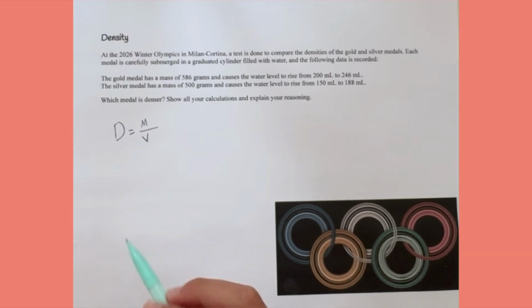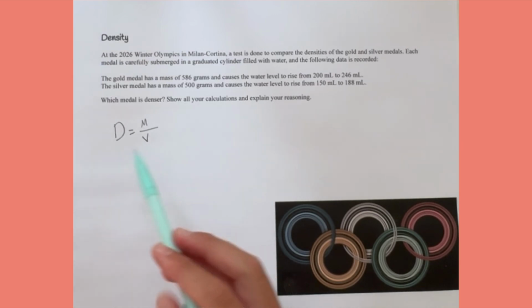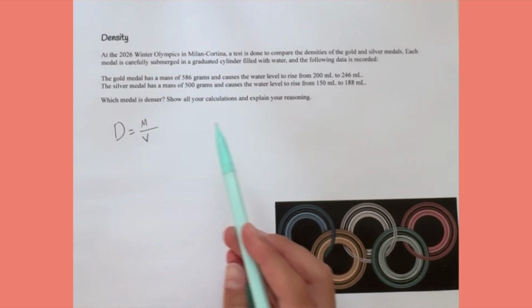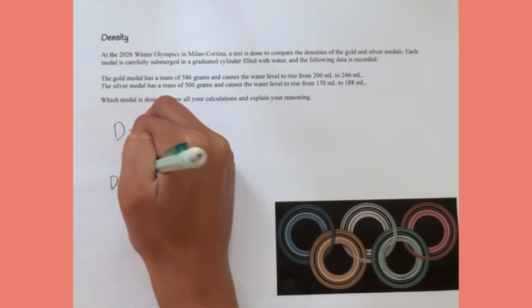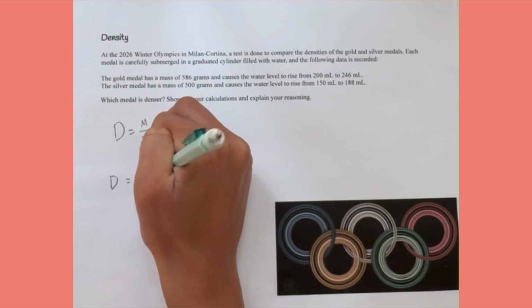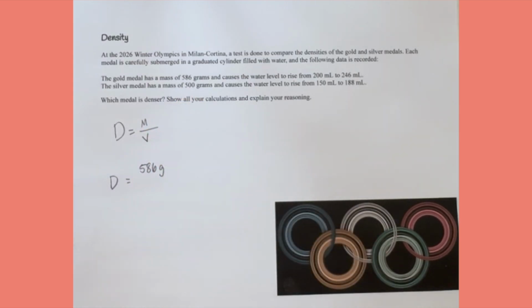First, I have to plug in something for mass for the gold medal. It says the mass is 586 grams. So D equals 586 grams over, but what do I want to plug in for volume? Well, when you submerge the medal, the water rises from 200 milliliters to 246 milliliters.